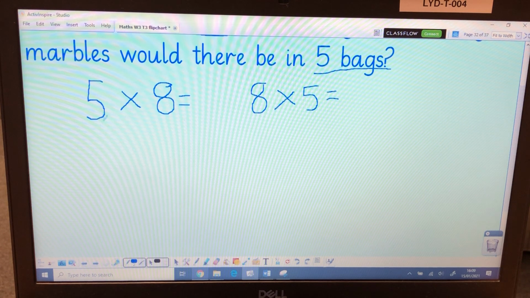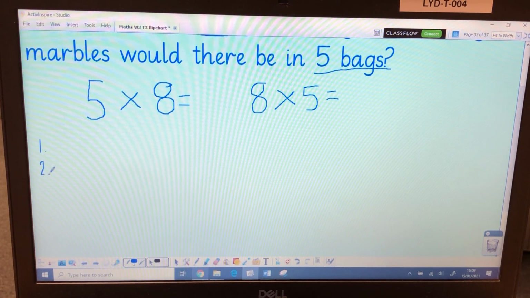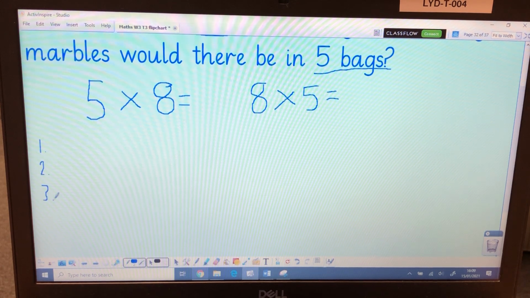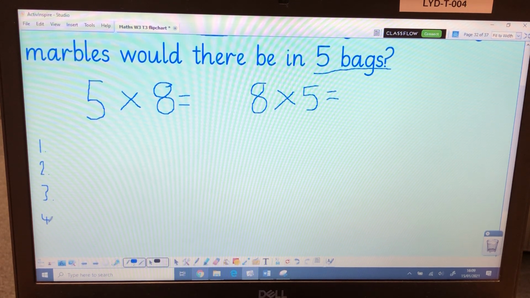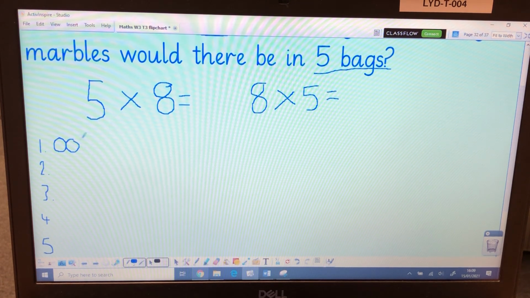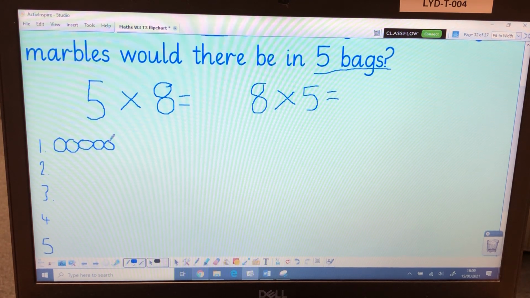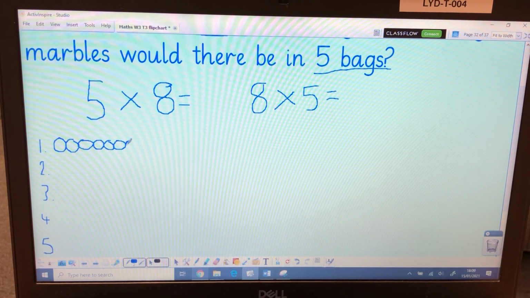If you did this one, you would need 5 groups, wouldn't you? 1, 2, 3, 4, and 5. And we need how many in each group? We need 8, don't we? 1, 2, 3, 4, 5, 6, 7, 8.